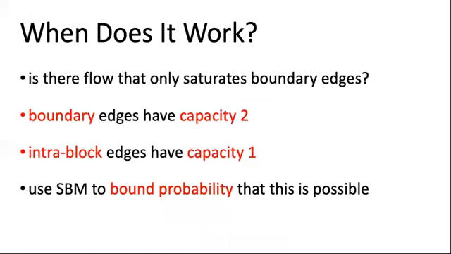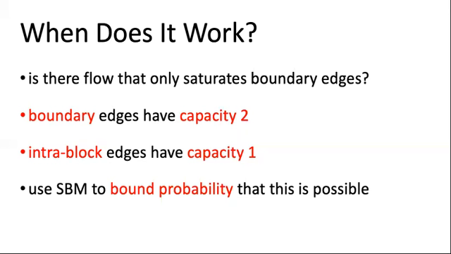And the main theoretical result of this paper is a precise characterization of the stochastic block model parameters such that this total variation approach successfully recovers the true underlying blocks. This analysis is based on a sufficient condition for total variation minimization to work, based on the existence of flows.